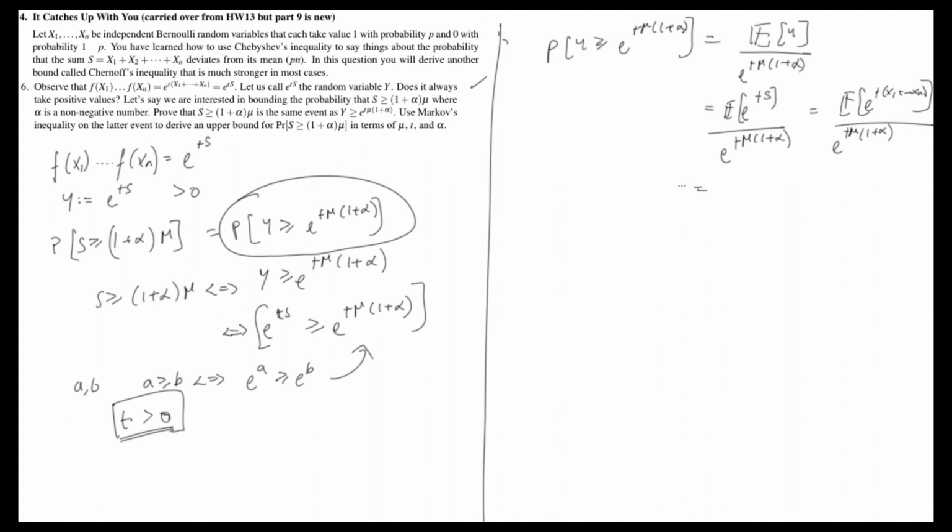This, as we showed in the previous question, is less than or equal to, and this is Markov's inequality, it's definitely not equal to, it's less than or equal to, e to the mu times e to the t minus 1 divided by e to the 1 plus alpha t times mu, which is equal to, just for this place, I'm going to write it as exponential of mu times e to the t minus 1 minus t times 1 plus alpha times mu.